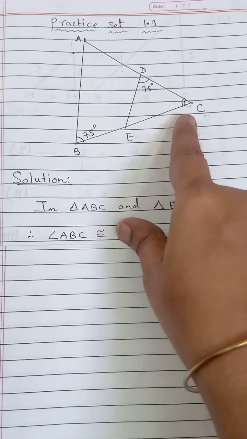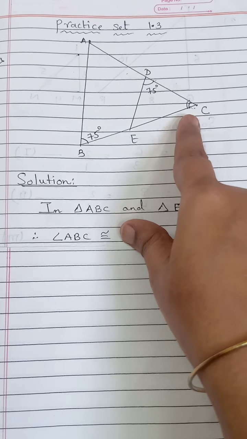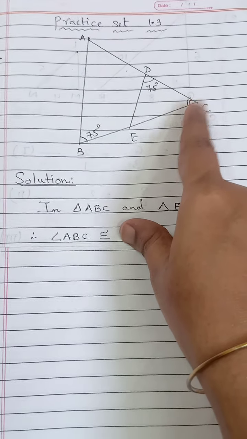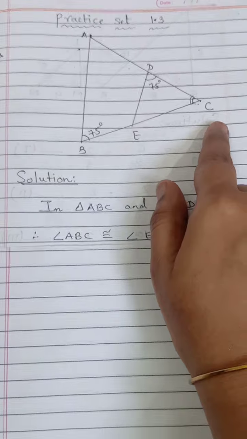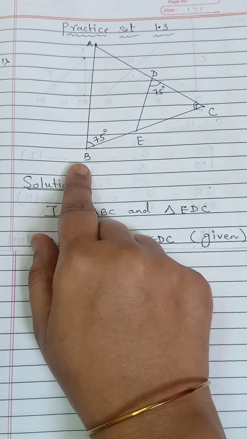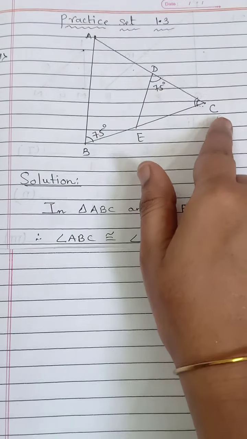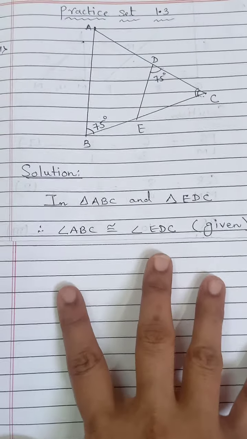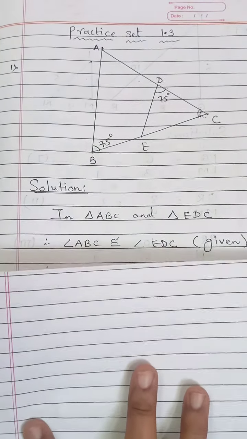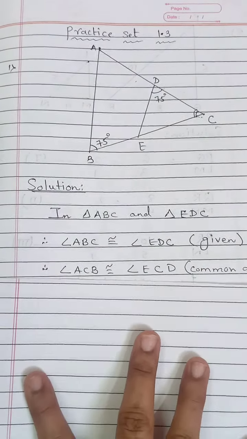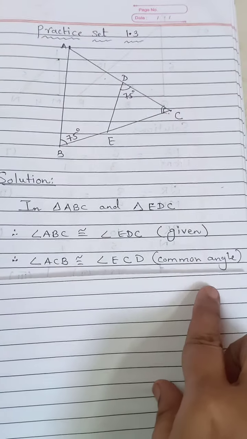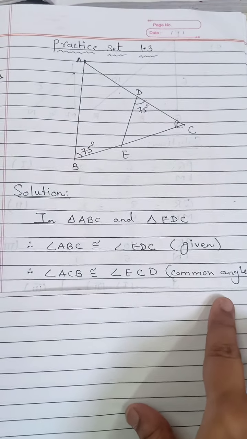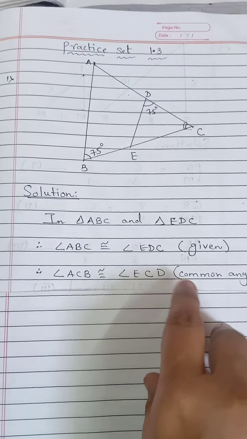After that we will take angle C, which is congruent to itself. In the big triangle the name of this angle will be ACB, and in the small triangle it will be ECD. So angle ACB is congruent to angle ECD, and the reason is common angle, because angle C is common in both triangles.